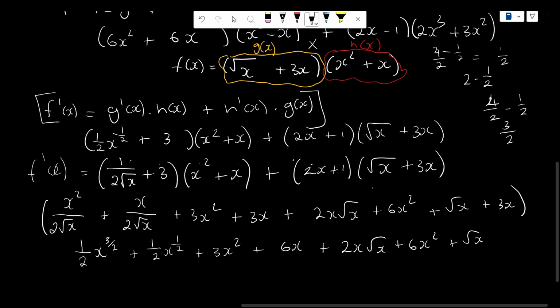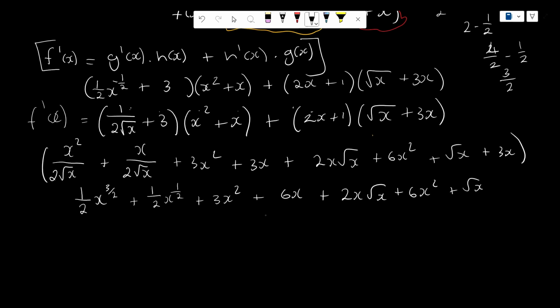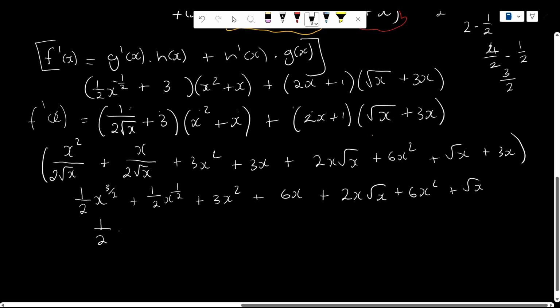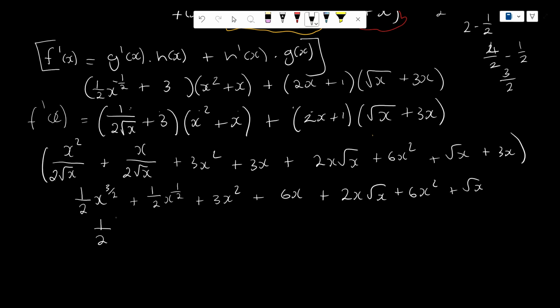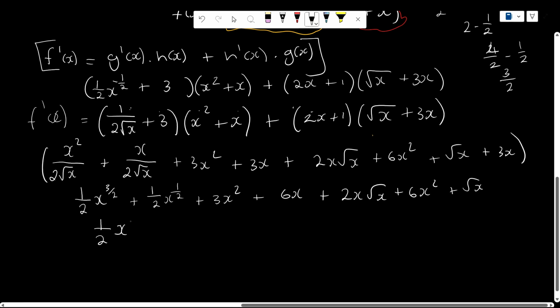So if I add the like terms, here I do have a half, and then this is the same as square root of x cubed, right? Yes, so this will be square root of x cubed plus a half x.